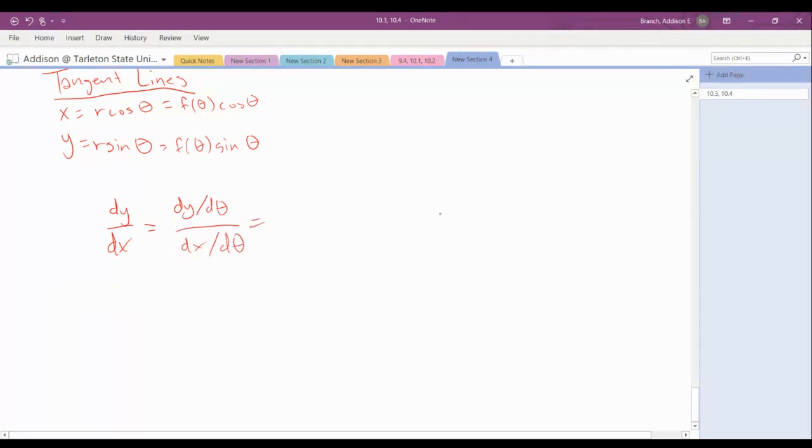So then if we take the derivatives of those separately, by using product rule, we're going to get dr/d theta sine of theta plus r cosine of theta, over dr/d theta cosine of theta minus r sine of theta.